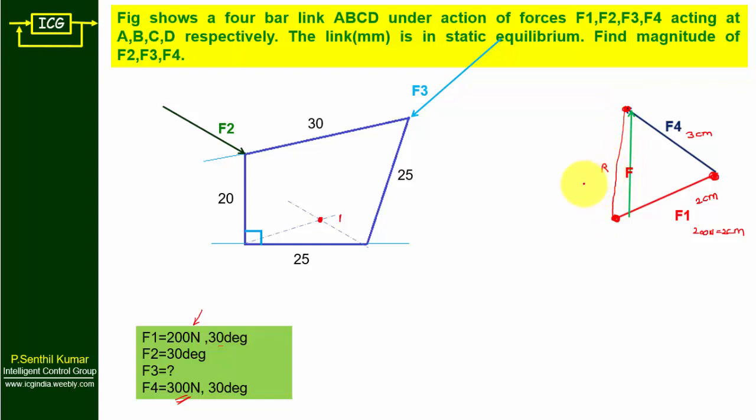This is the resultant, the resultant between two forces. Now I'm going to move this force from this point to this point. So you have to move like this. So this is the angle of inclination of the resultant force. Now extend the line of action of the resultant.